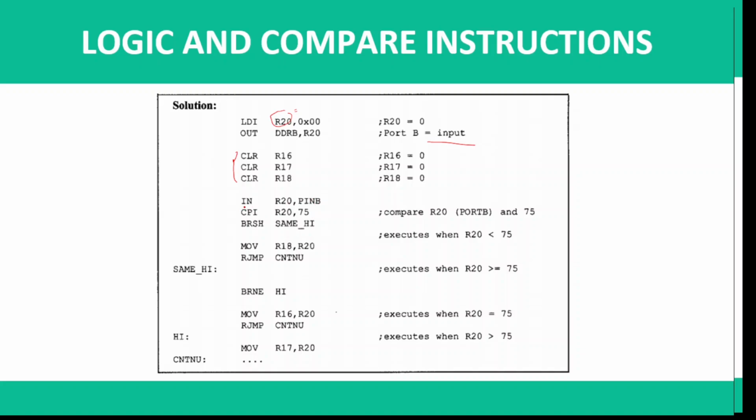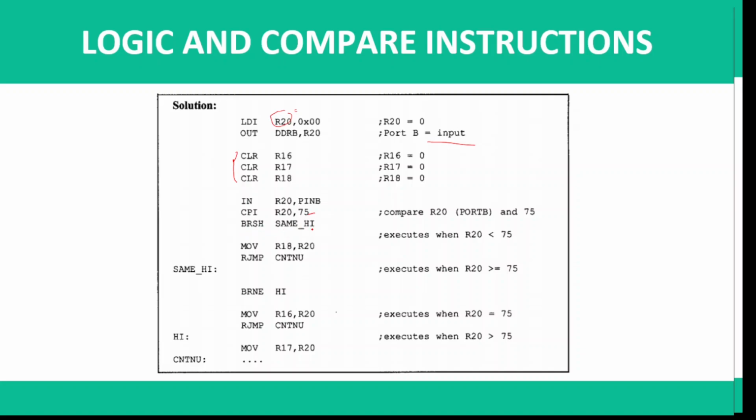So here, we already declared nga ang pin B is an input, right? So we can read now. So pin B is having an input sa R20. So nana ang value sa pin B sa R20. And then we'll compare it to the value of the temperature, 75. So next instruction, is it same or high?